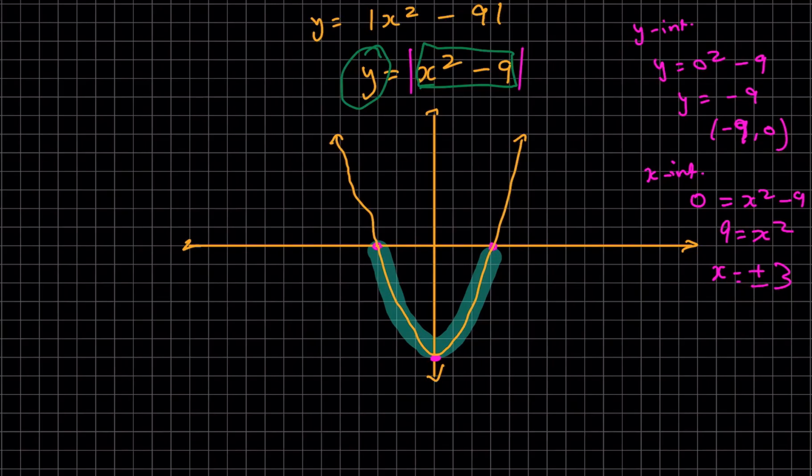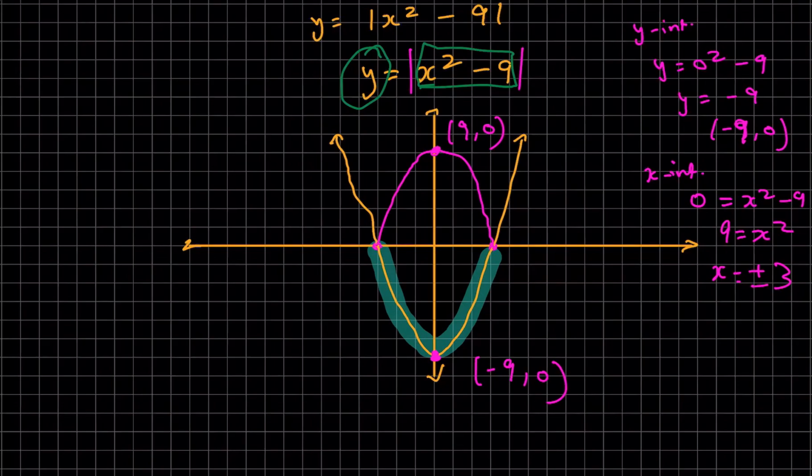So we're flipping it over the x-axis, and this graph's shape is actually meant to look like this. And your previous y-intercept of -9, 0 now becomes positive, so it becomes 9, 0.